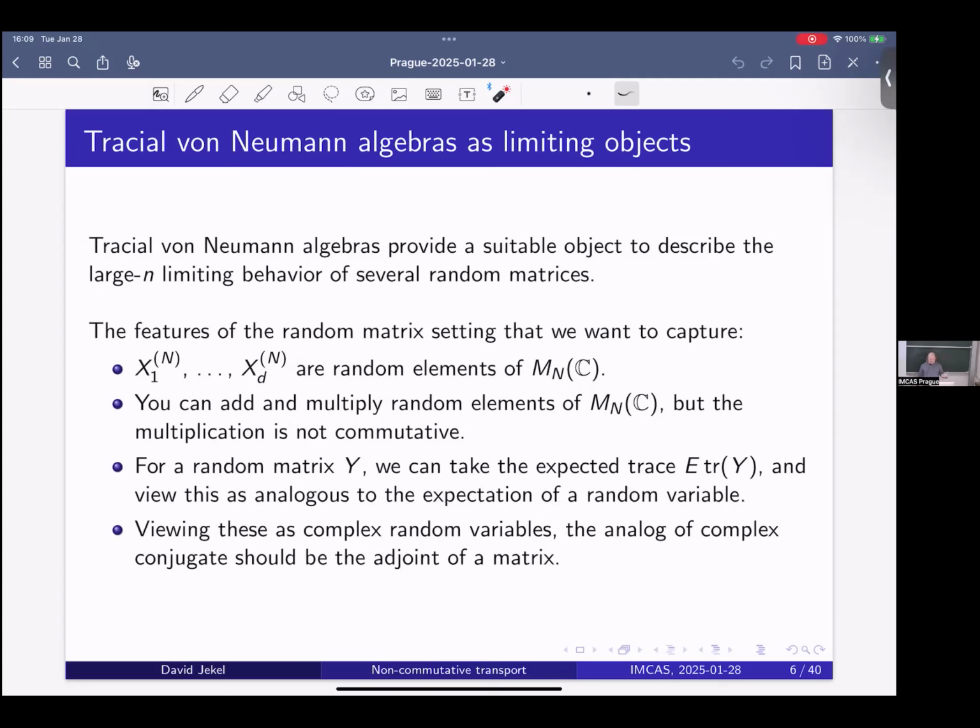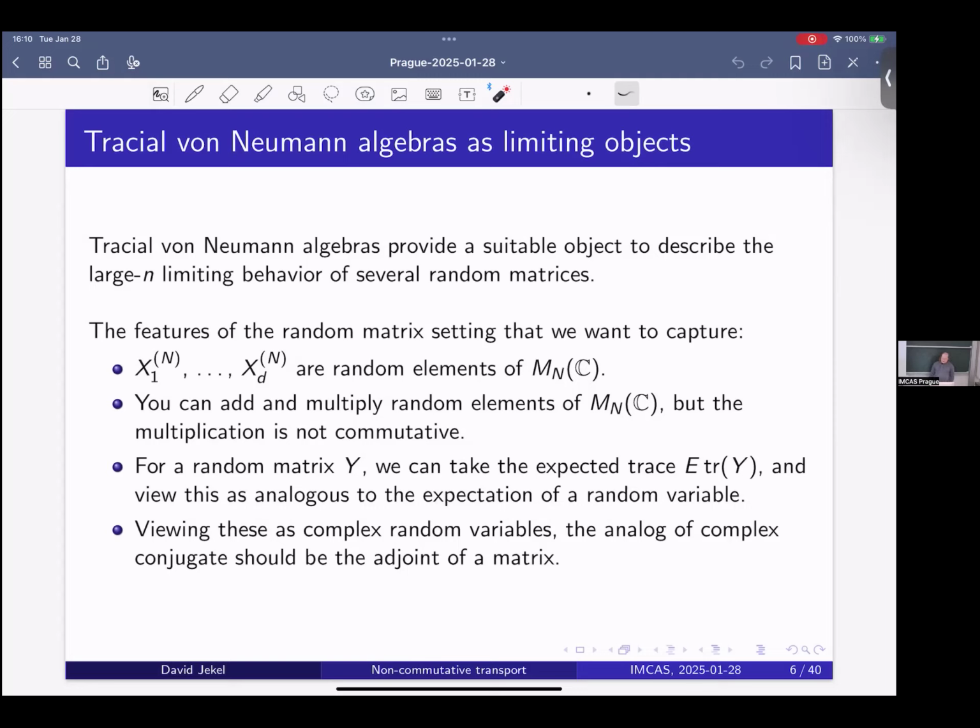Some of the properties that you have: you have random elements of the matrix algebra, and if you have random variables there, you can add and multiply them, but it's a non-commutative multiplication. And then there's an analog of expectation. Besides just taking the expectation of the vector valued thing, really what you want to think about in this case is the expected trace of some function.